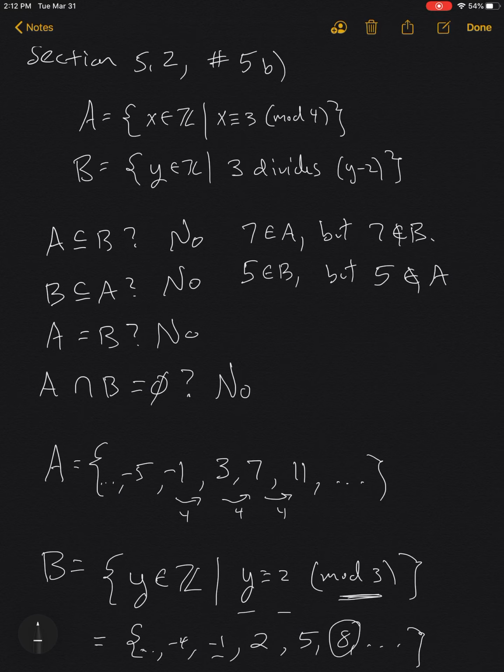So for example, we could say no, since 11 is in A and 11 is in B. So in particular, we know that 11 is in A intersect B. So that means the intersection could not be the empty set. We have found something in it. Okay.